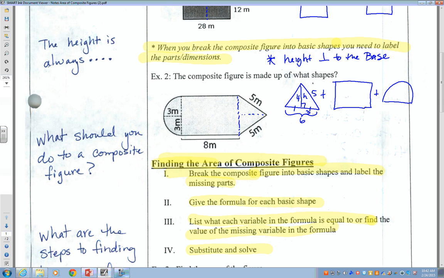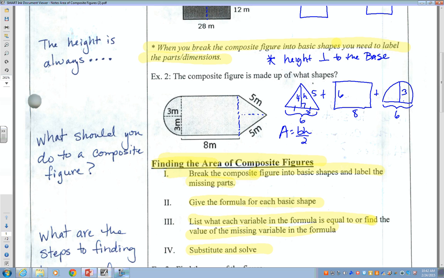All right, what are the dimensions for the rectangle? This is 8 by 6, yes. Okay, and then that semicircle. We know that the diameter is 6, right? And the radius is 3. Okay. All right, so when you break it into the shapes, you need the dimensions of each shape because you're going to have to do the formula for each shape.